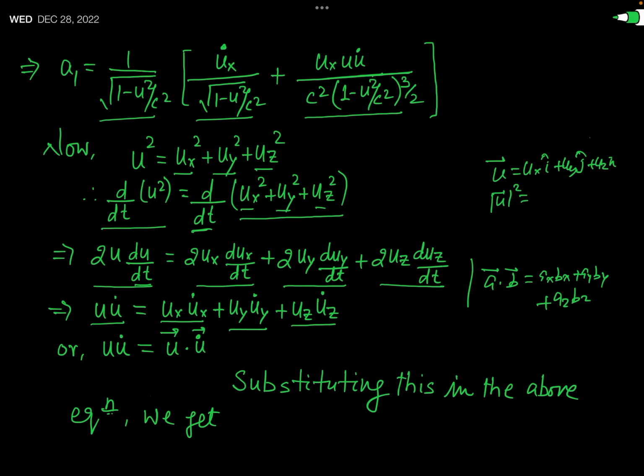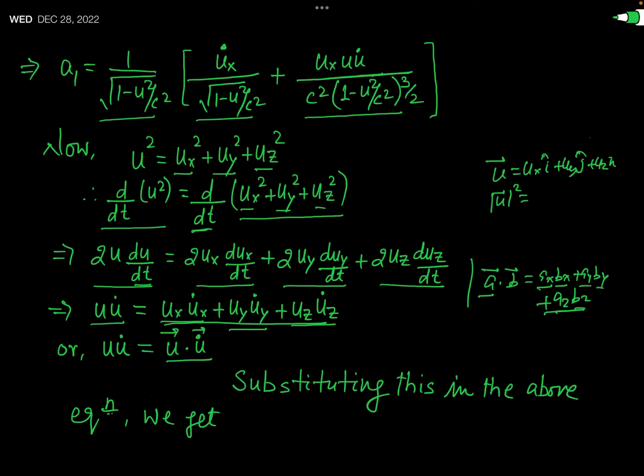So at the place of ax there is ux, and at the place of bx there is ux dot, and similarly at the place of ay and by there is uy and uy dot, at the place of az and bz there is uz and uz dot. Since it is equal to a dot b, this expression on the RHS can be written as vector u dot vector u dot.